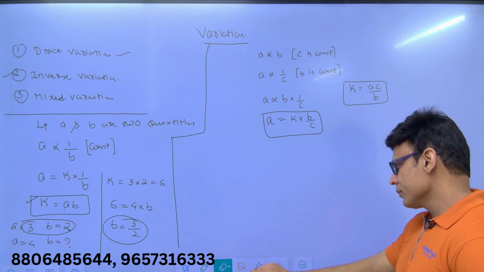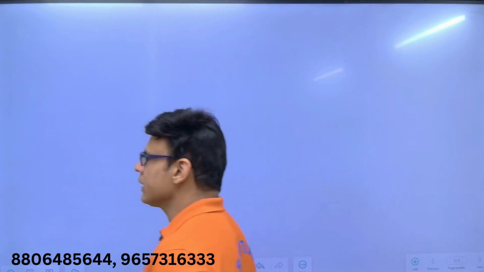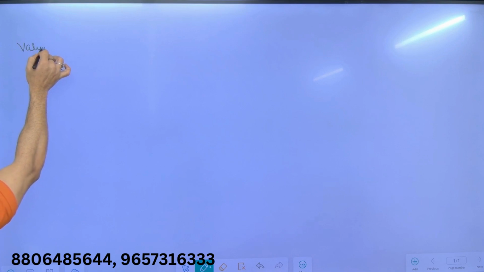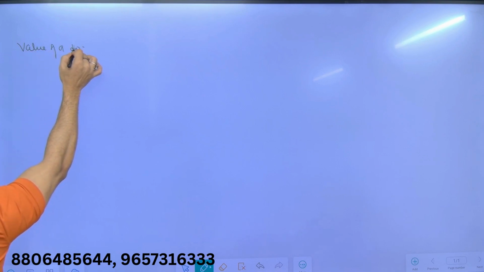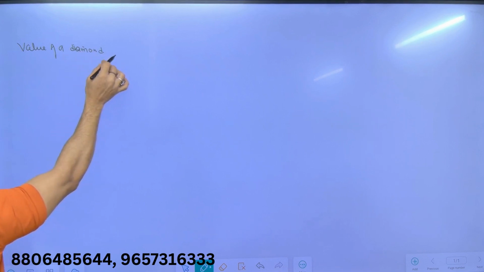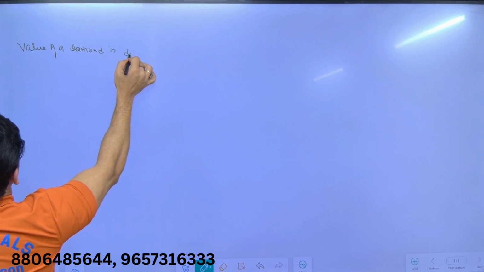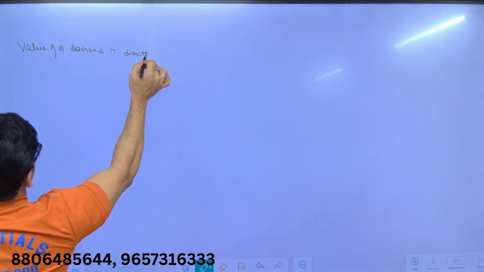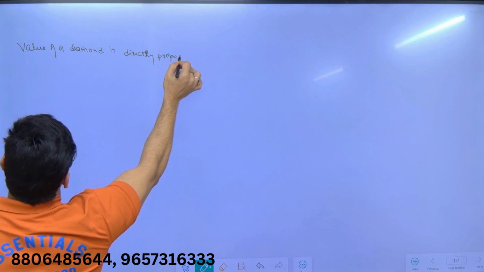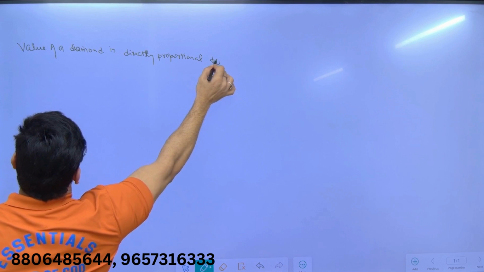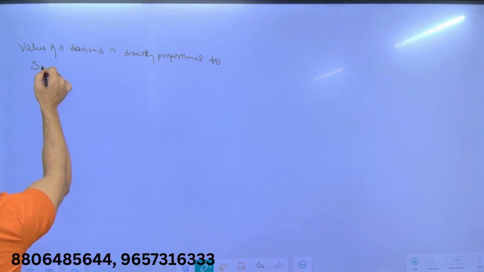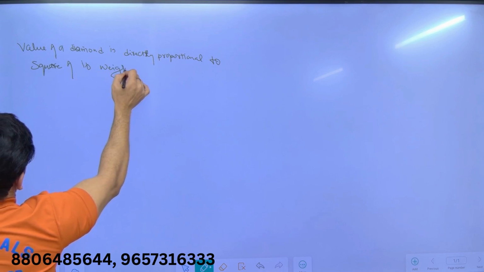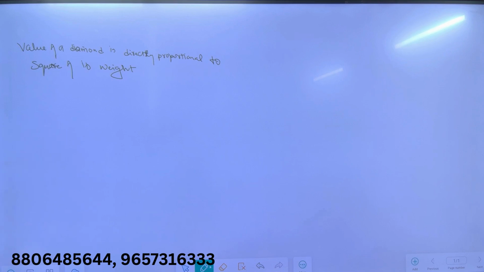Now question which CAT has asked in variation, 2-3 बार पूछा है कि value of a diamond is directly proportional to square of its weight. Directly proportional to what?